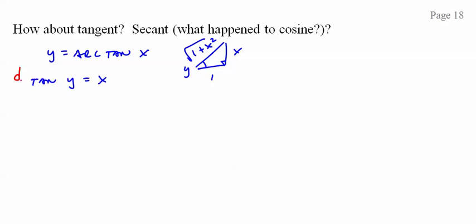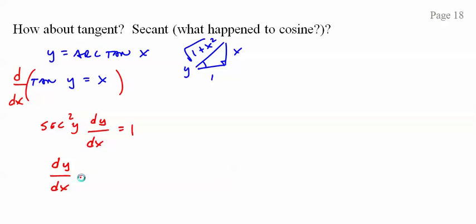Implicit differentiation. Secant squared y dy dx equals 1. dy dx equals 1 over secant squared, or just cosine squared of y.